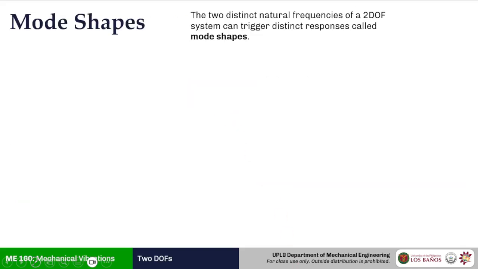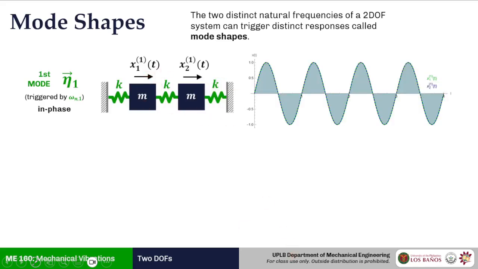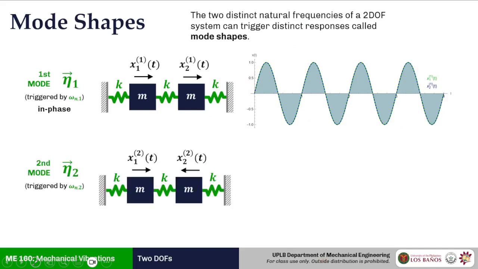All right. So again, our first mode, triggered by the first natural frequency, causes the system to move in sync. So x1 and x2 move in sync, and more importantly, the displacement graphs overlap. Now, if we trigger our system using the second natural frequency, x1 and x2 will actually move opposing each other.